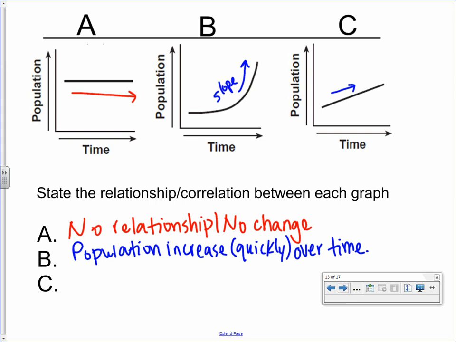And then C, the population is increasing, but it's more steady over time. So it's a steady increase, or a gradual. Yup, you can use the word gradual. Good word. Okay, gradual or steady increase over time.